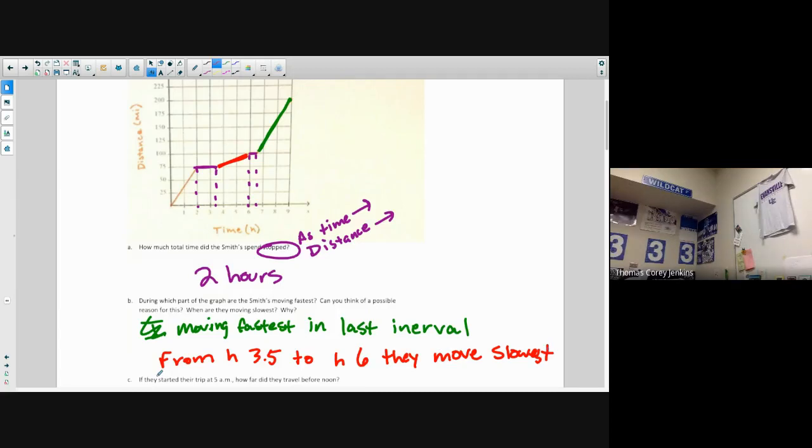C: if they started their trip at 5 a.m., how far did they travel before noon? If they started their trip at 5 a.m., that would mean that this is 5 a.m., then 6, 7, 8, 9, 10, 11. Here would be noon, which would be hour 7. So overall, how far did they travel before noon?